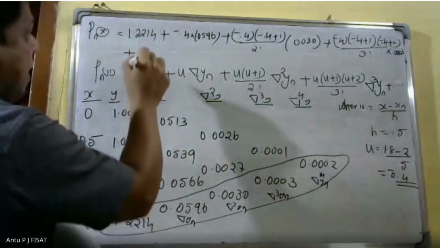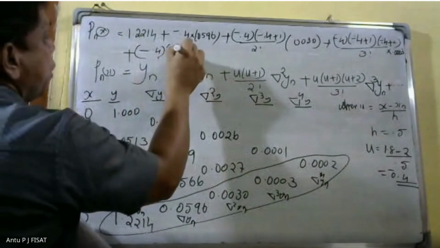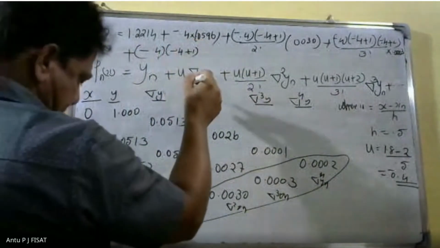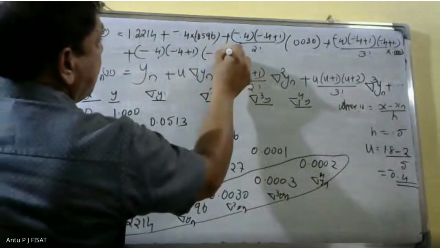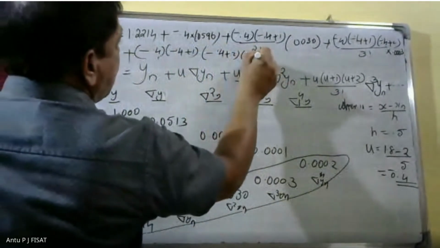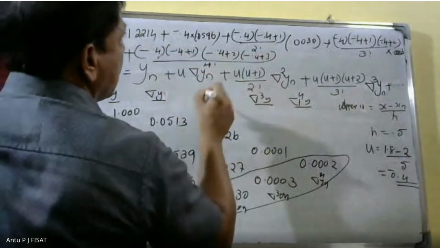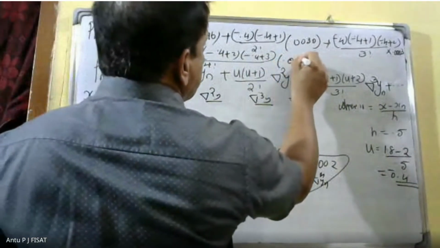Then next, minus 0.4 into minus 0.4 plus 1, minus 0.4 plus 2, minus 0.4 plus 3 divided by 4 factorial into 0.002.